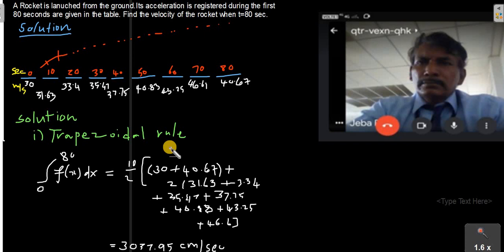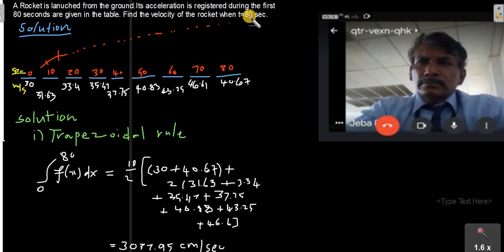So with that, I am coming to the end of this particular problem. Let us have a recap. A rocket is launched from the ground and the velocities are noted for different seconds, for 0, 10, 20, 30, 40, 50, 60, 70, 80. We have to find out the velocity when t equals 80 seconds.